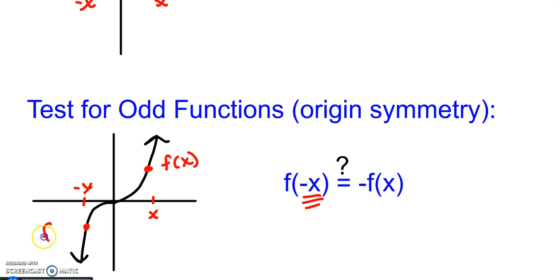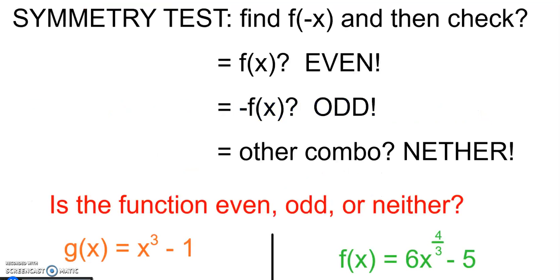This should say f of negative x, okay? So what this test is asking us is when I put in negative x, is that output equal to the exact opposite of when I put in x? Well, here we've got this y value. I went over and up. Did I go exactly backwards and down that same amount? Just in the opposite direction? And the answer is yes. So that's how we test for an odd function. There's symmetry around the origin.